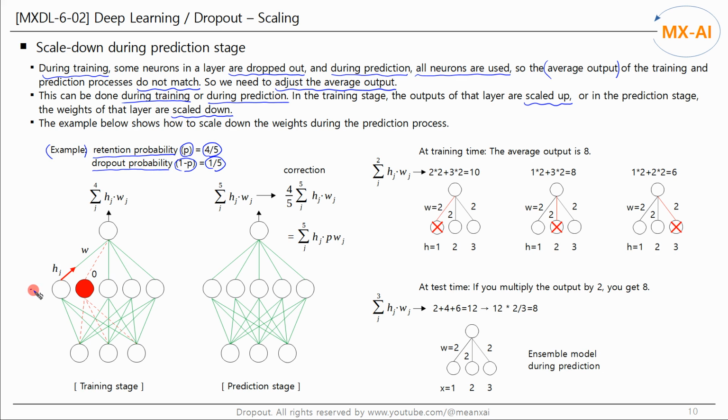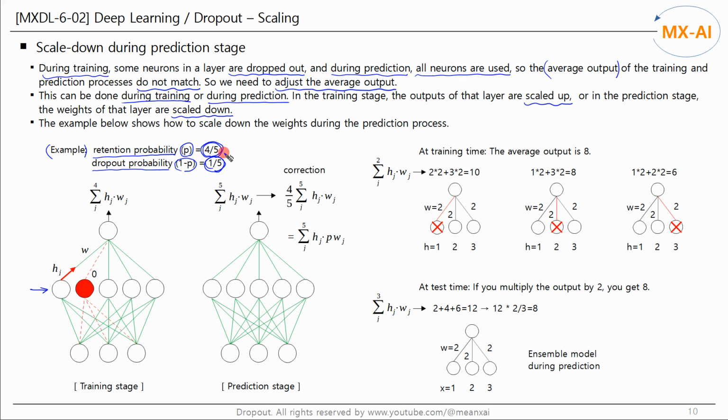Let's apply dropout to the hidden layer of this network. During training, the dropout rate is 1/5, so on average, 1 in 5 neurons is dropped per iteration. In other words, since the retention probability P is 4/5, 4 out of 5 neurons will remain without being dropped.